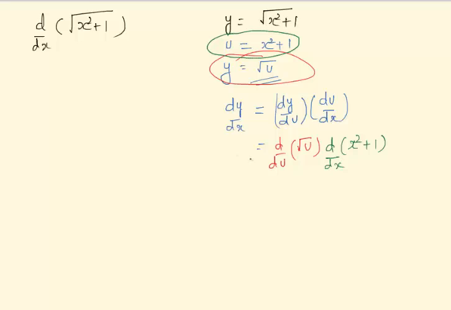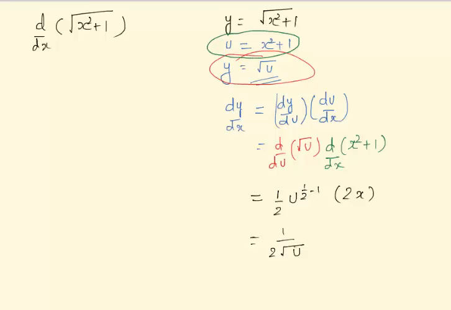So in the next step, we can write root u as u to the power half. We can apply the x to the power n formula. You get half u raised to the power half minus 1 into differentiation of x square plus 1. So it is differentiation of x square plus differentiation of 1. Differentiation of 1 will give you 0. Differentiation of x square will give you 2x. Now this will become 1 by 2 root u.